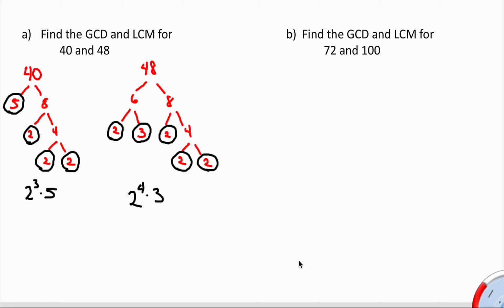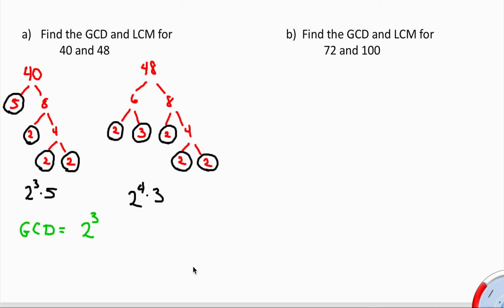Okay, now to find the greatest common divisor, I'm going to take everything they have in common. So they have the 2 in common, and the smallest exponent, that's my greatest common divisor.